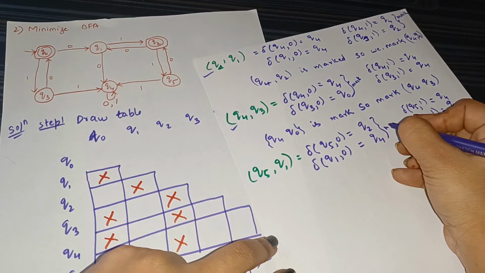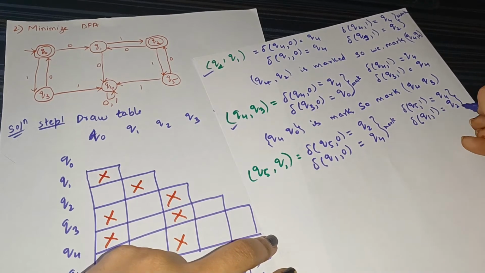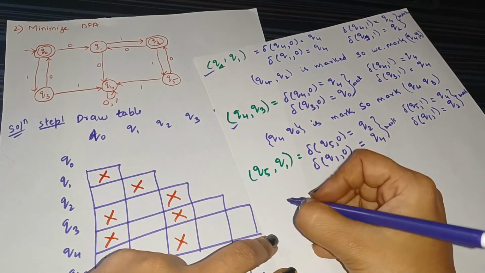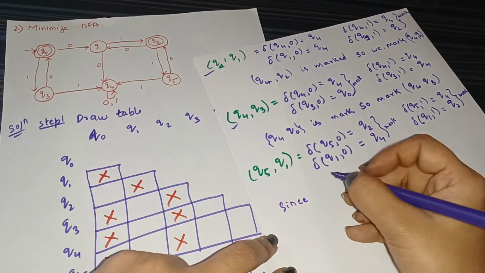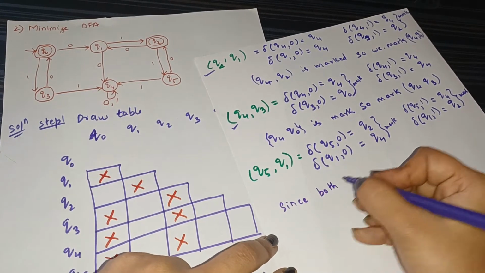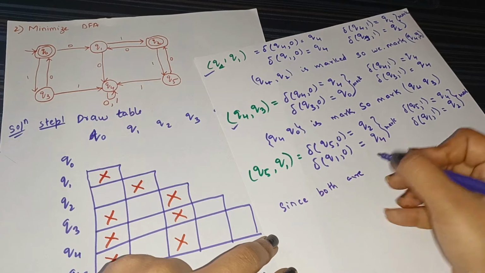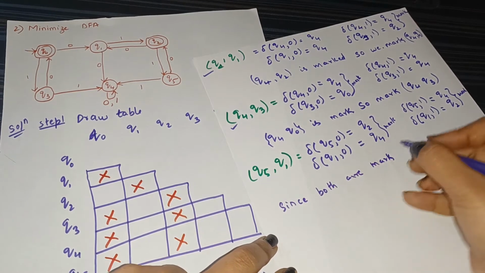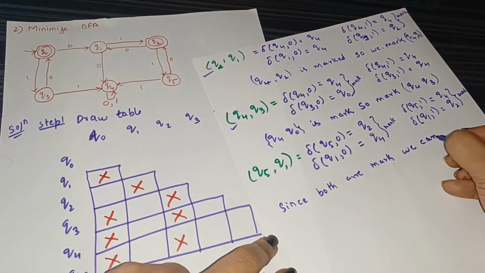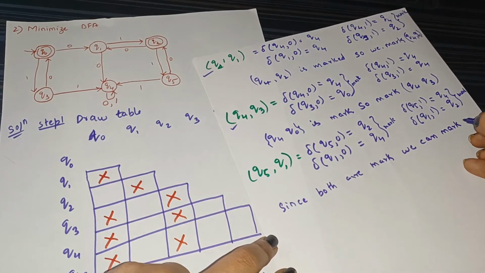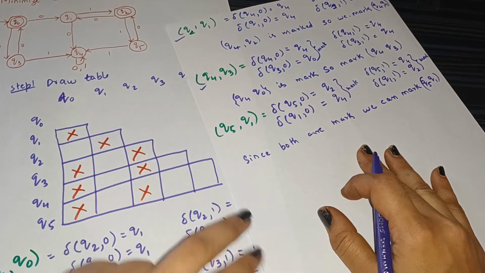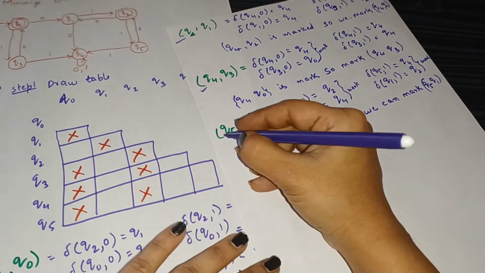Since it is marked, we can mark Q5, Q1. So we can mark this also.